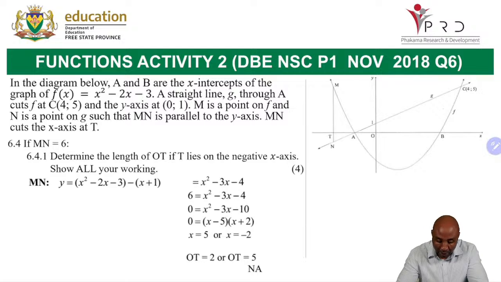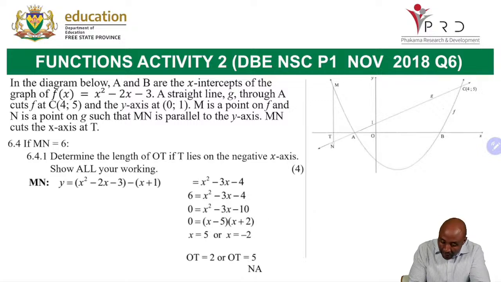We equate that to the distance, which is 6, and then from there on we get our x as 5 or our x as negative 2. You can see it's standard form, factorize, get the solutions. But you are able to see that we are looking at the negative side of our x values, hence we will not take our x as 5 on the negative side, so our x is negative 2.